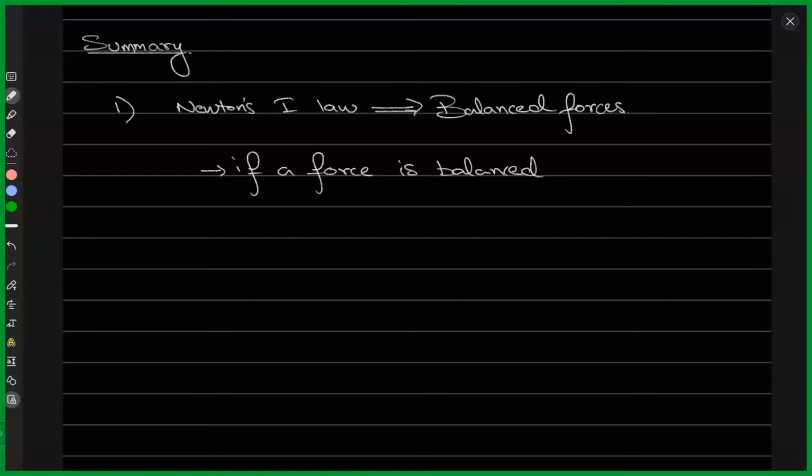Mathematically, that would mean the sum of all the forces vanishes, or is equal to 0. So there is no resultant force acting on the system. For balanced forces, the sum of all forces is 0. In simple English, the resultant force on my system is 0.